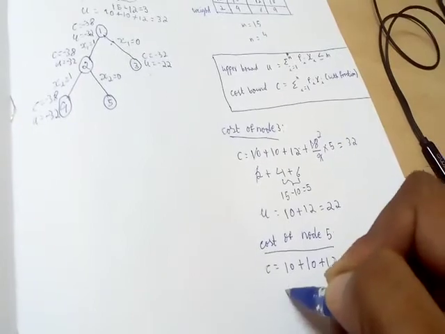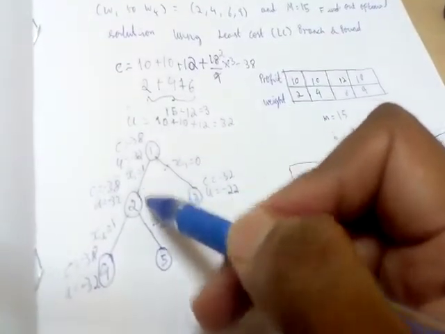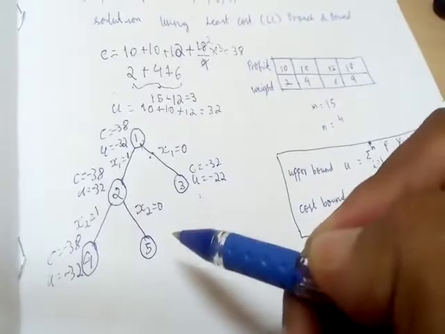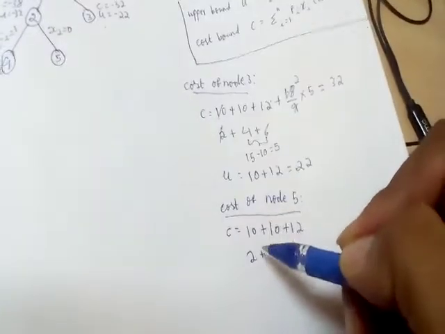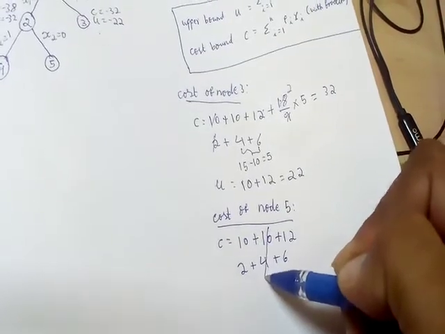So I will write down its profit as well as its associated weight. So here I am adding the first item, but I am not adding the second item for node 5. So I will ignore the second item profit and weight values.